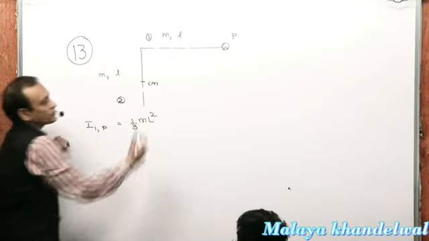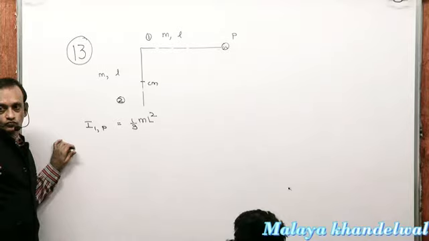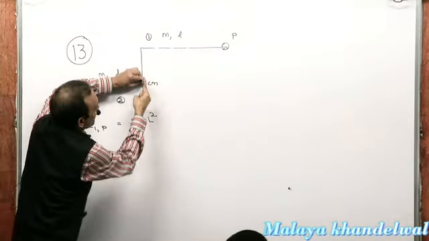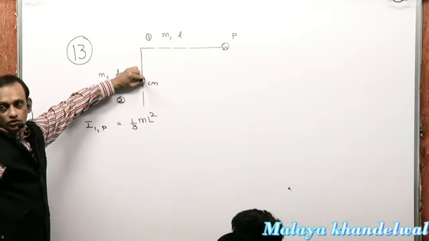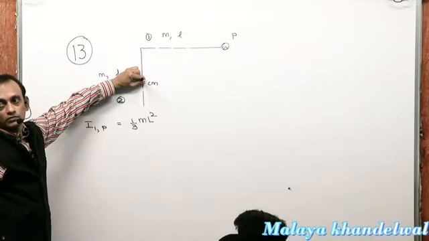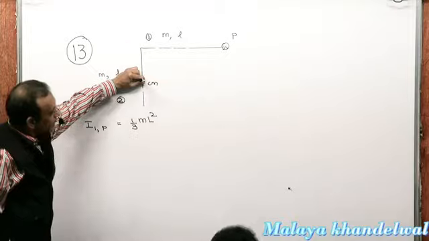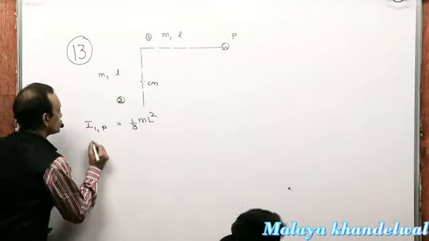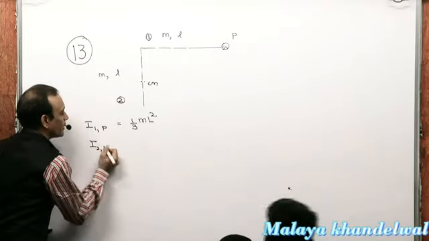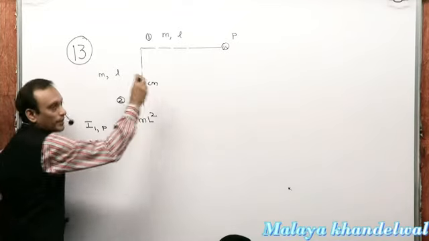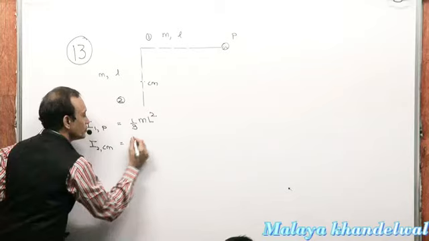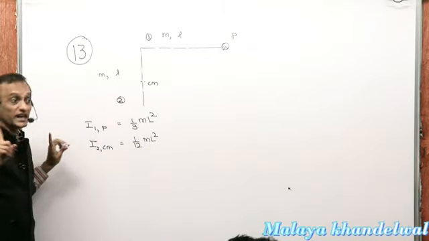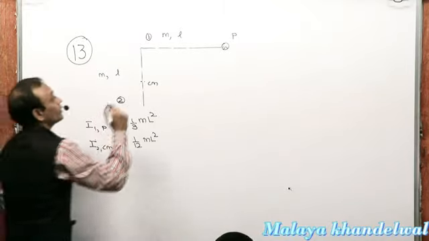This is the center of mass of rod 2, right? Now, do I have moment of inertia about the center of mass and perpendicular to rod 2? What is it? 1/12 mL squared, right? I of rod 2 about its center of mass is going to be 1/12 mL squared. Yes or no?